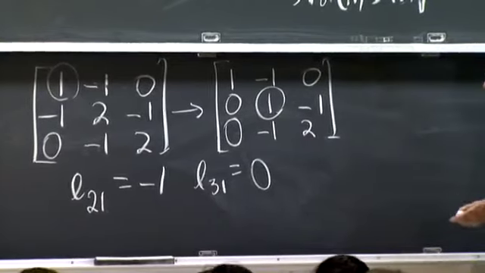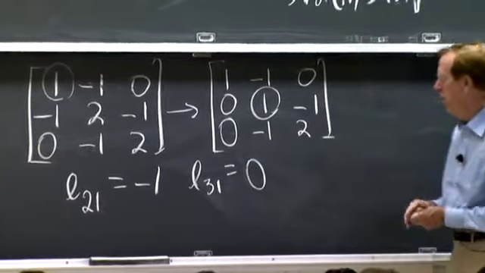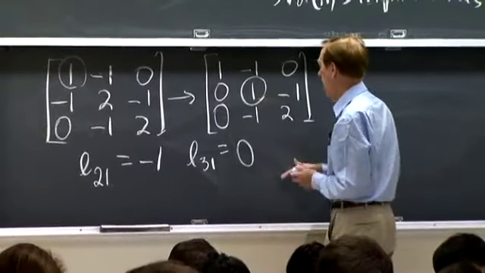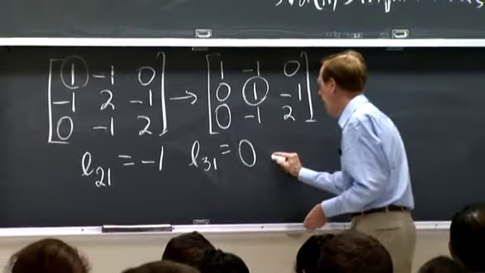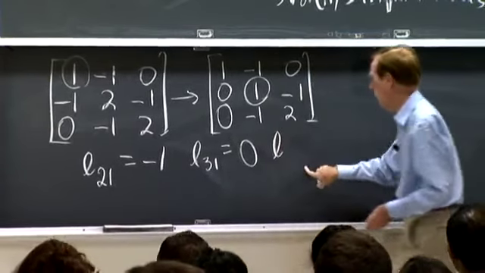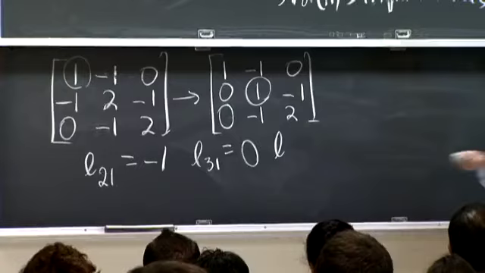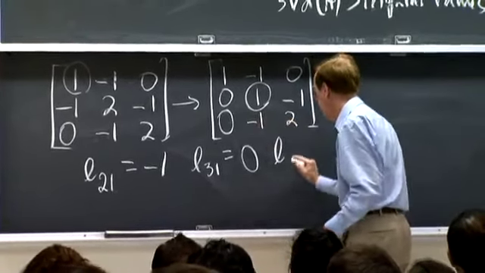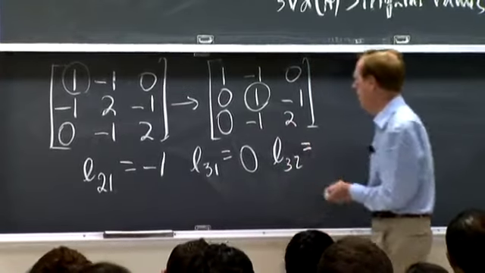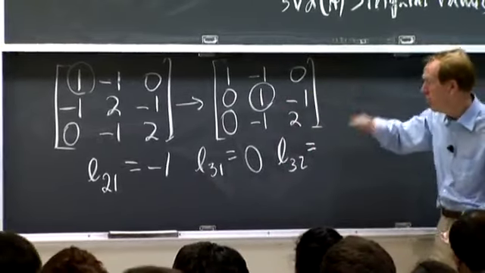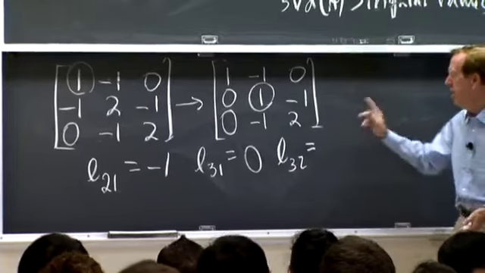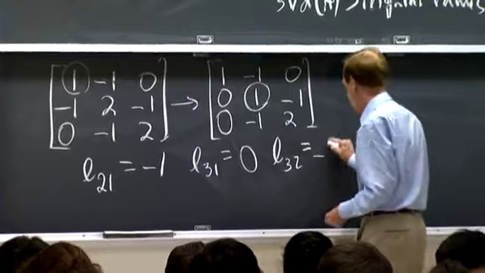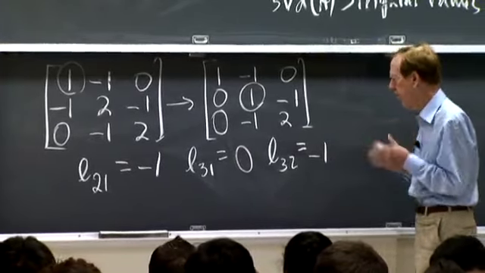I'm ready to use it. I want to get a 0 below it because I'm aiming at this upper triangular U. And what's the multiplier now? What's its number? 3, 2, because I'm trying to fix row 3, column 2. And what do I multiply this by and subtract from this to make it 0? It's negative 1 again. Negative 1. Right, it's negative 1. Sorry about that.